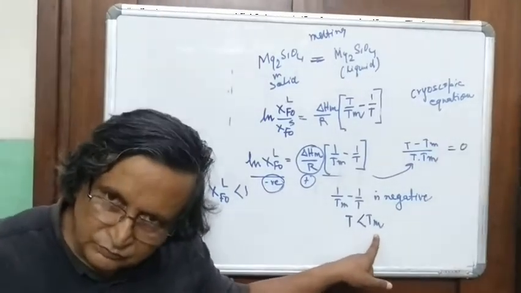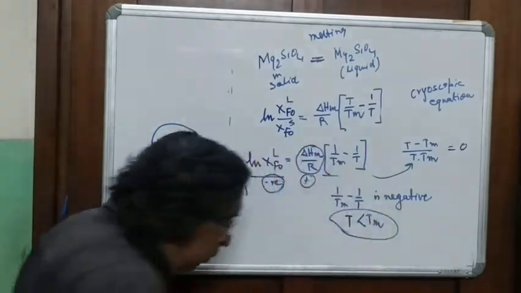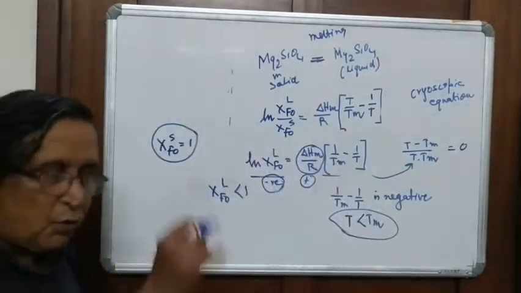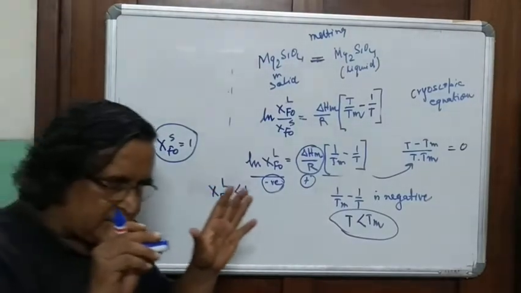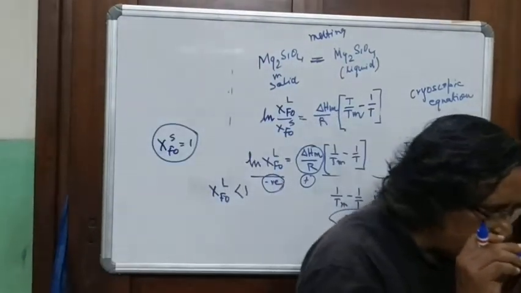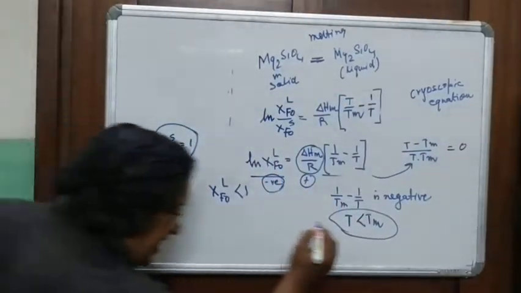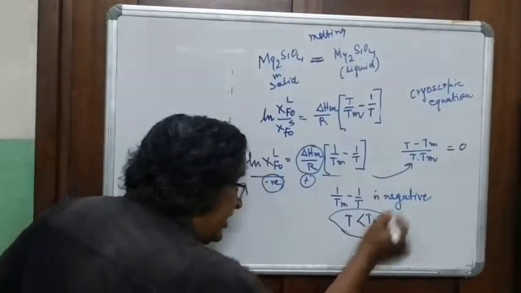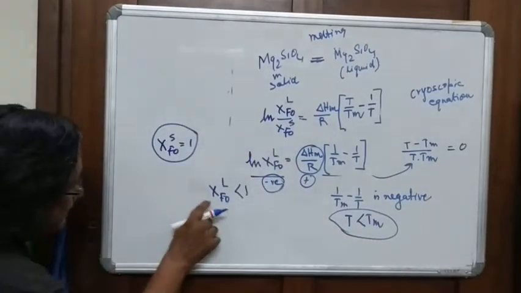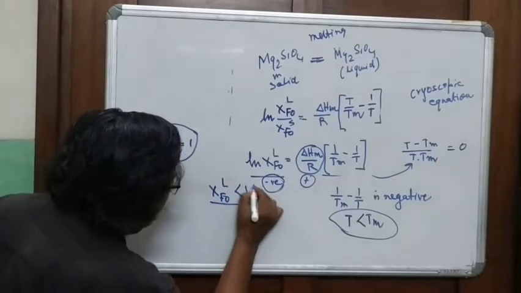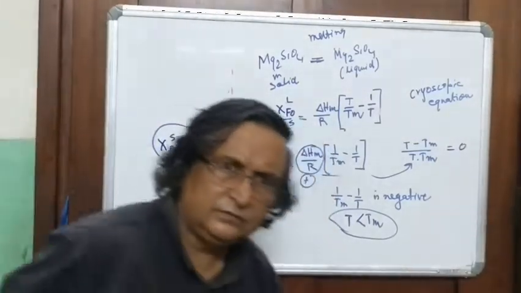Yes or no? So if T is less than Tm, that means what? Think of it. Don't memorize. Take the logic. T then is not equal to Tm like here, but is less than Tm. That means, why will X phosphorite liquid be less than 1? Because something has been added.